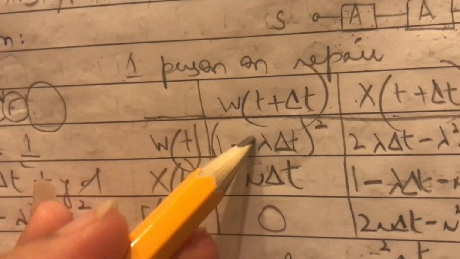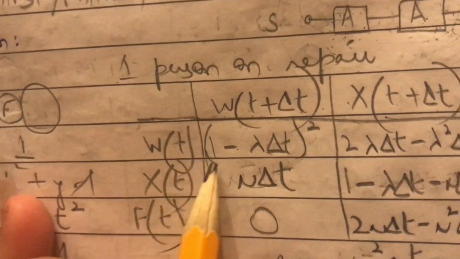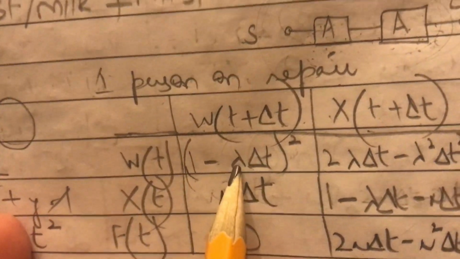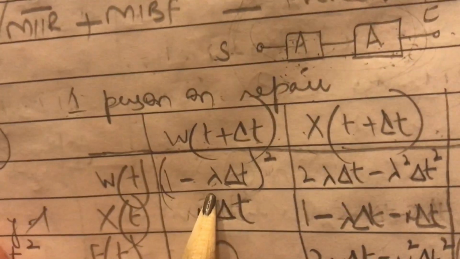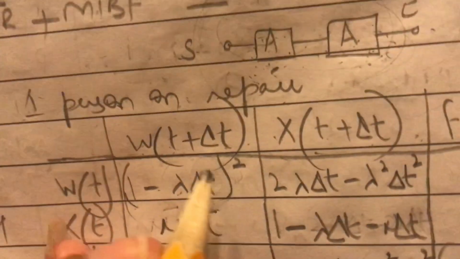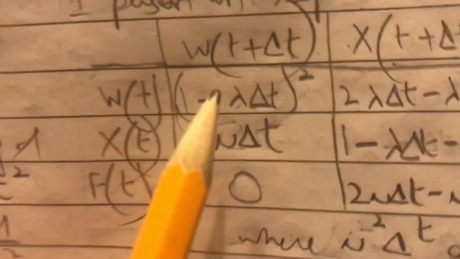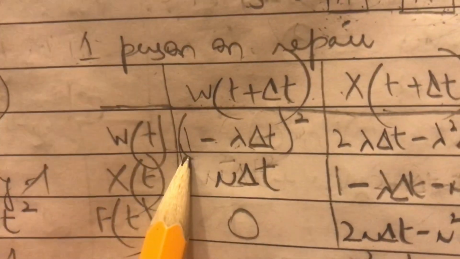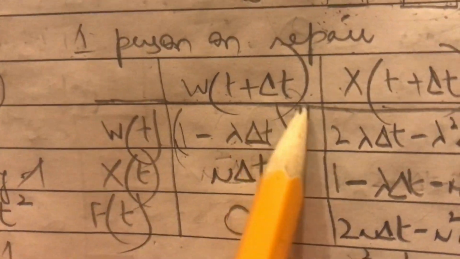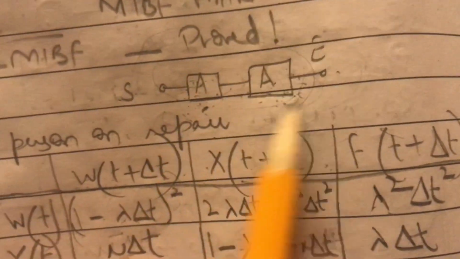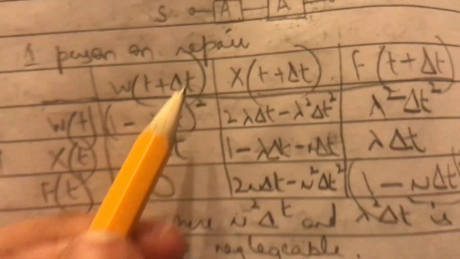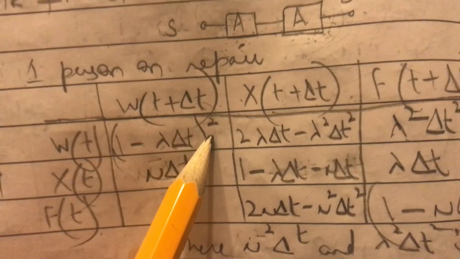So there is no chance of failure rate, which gives 1 minus lambda delta t. This is the same as in the single-component case. It's just that we have put a square here because we have two components working.